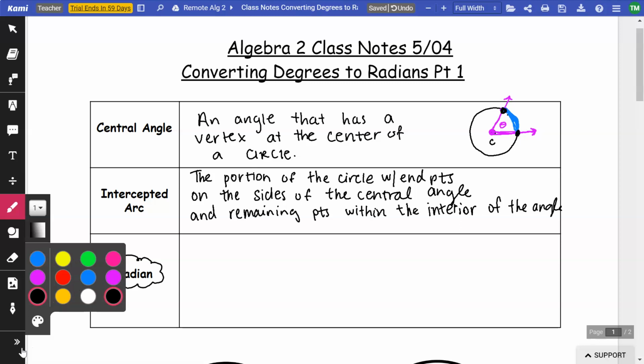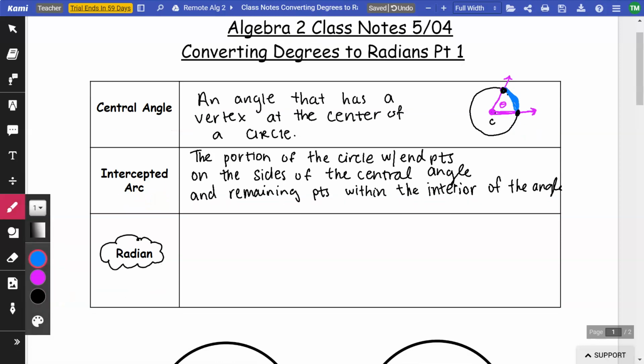And that just means that we're using this portion of the circle that's between the terminal side and the initial side of the angle, and not the outer part, the exterior of the angle, right? The intercepted arc is this portion, the interior of the angle.